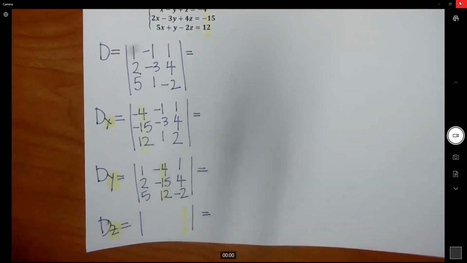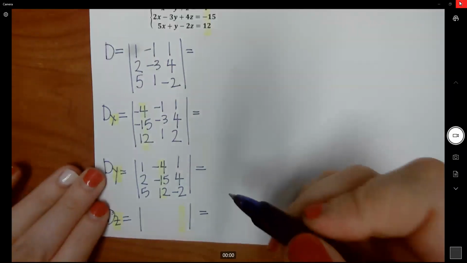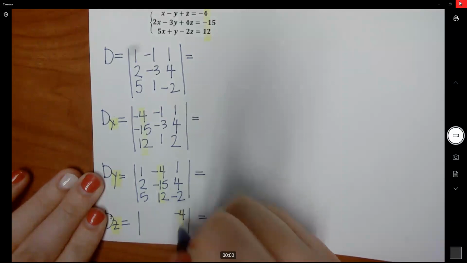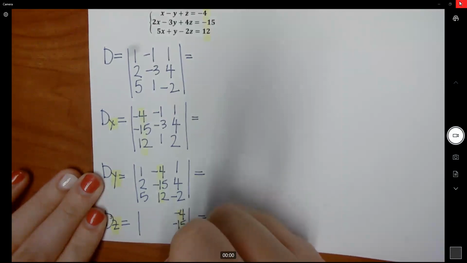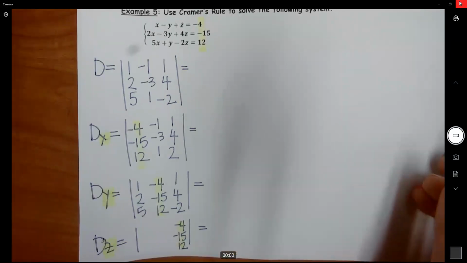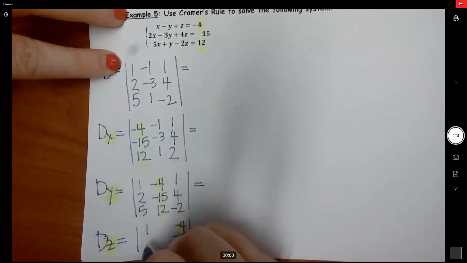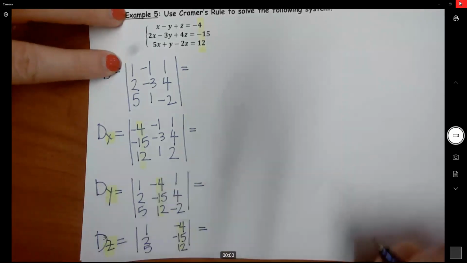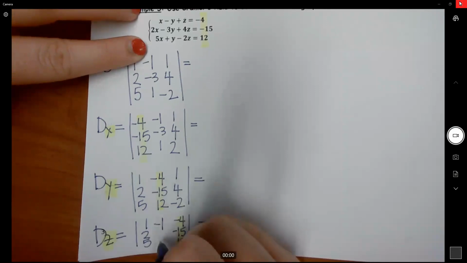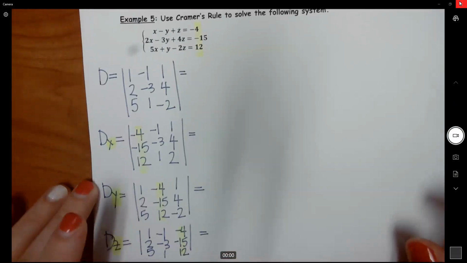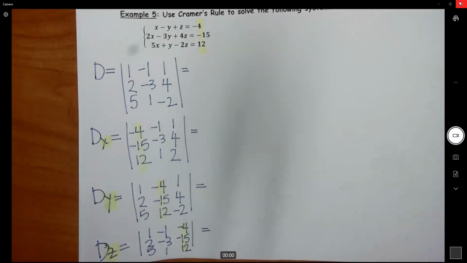Now this is Z, so I'm going to replace my Z column with, again, what this equation equals. So -4, -15, and 12. My X column will still be 1, 2, 5, and my Y column will stay -1, -3, 1. Okay. Let's put this in our calculator.